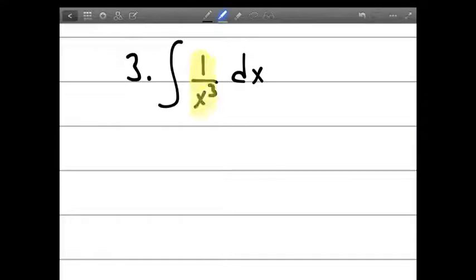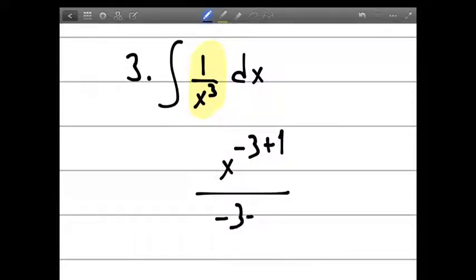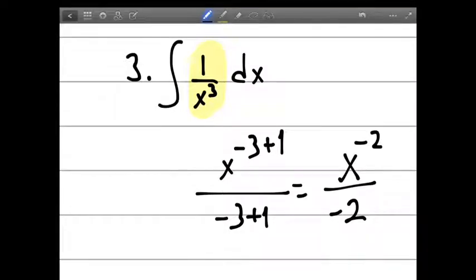I have a recall for this term to solve it easily. We can write 1 over x cubed as x to the power of minus 3, and we apply the same procedure: add 1 and divide by the new power. We will get minus 2 in the denominator, and we have minus 2 as the power in the numerator.